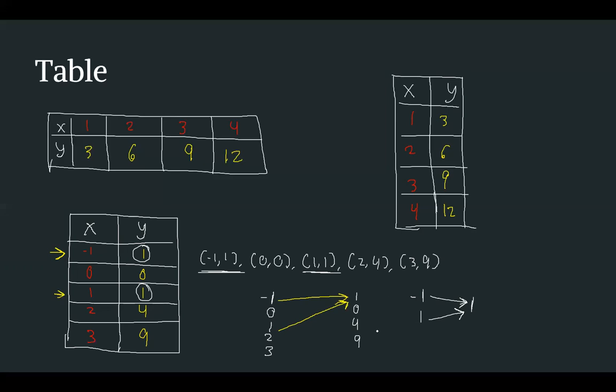From the set of inputs, we have more than one element from set X matched to only one element in set Y, which is this one. So from many, since we have more than one element connected to only one element from set Y.